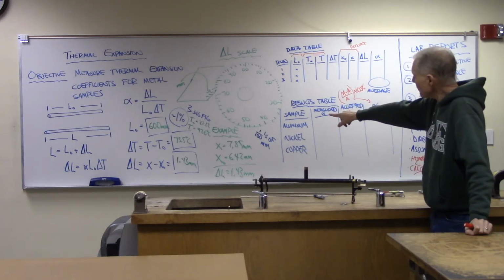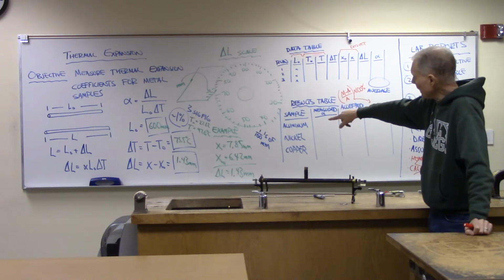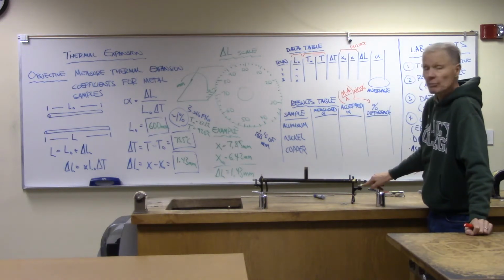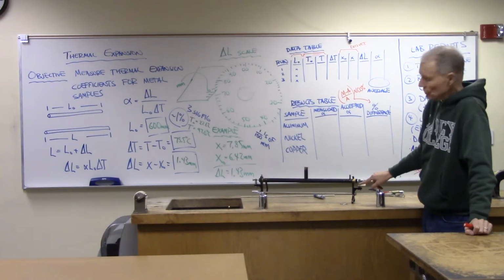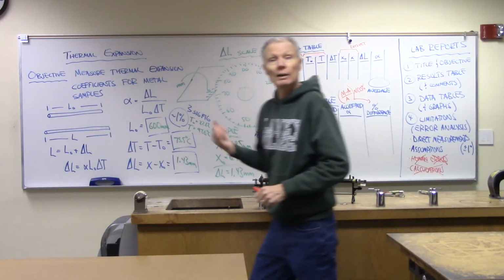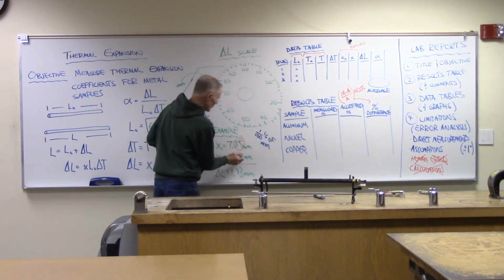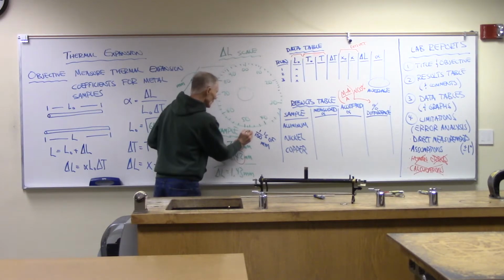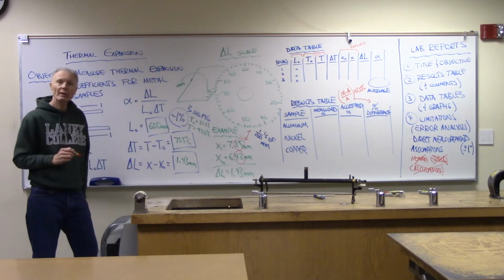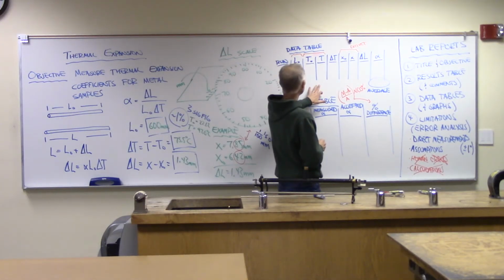So in that example, the first digit, the 7, and on X naught, the 6, is coming from the flat scale, and those last two numbers are coming from reading the circular scale. So this is what the data tables are going to look like.